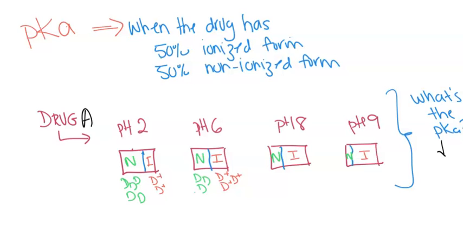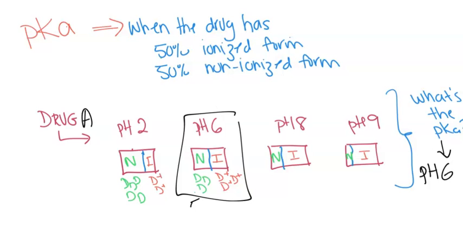When you look at a pH of 6, this is where you have 50% non-ionized and 50% ionized, and that is what pKa is: when it's equal, when it's balanced.